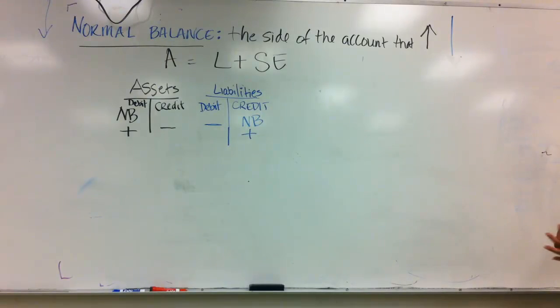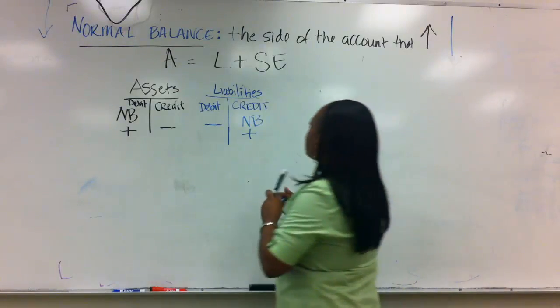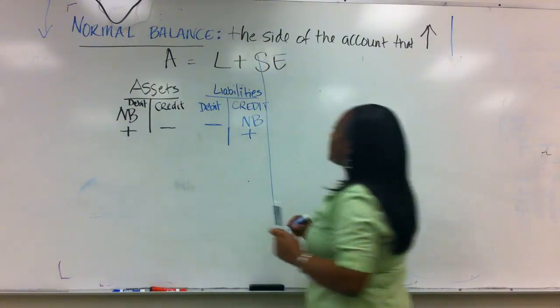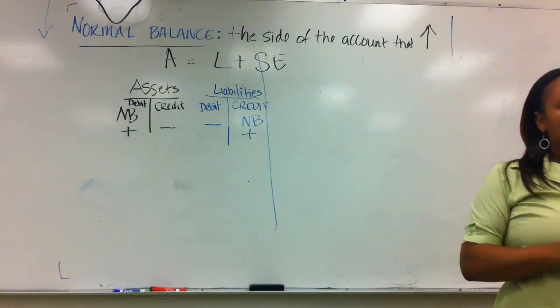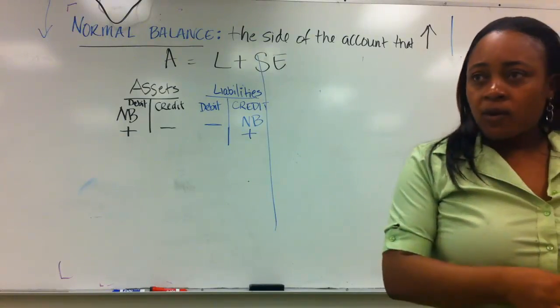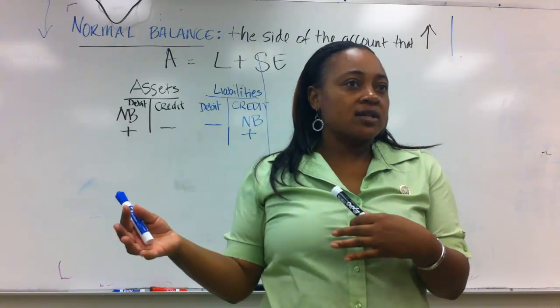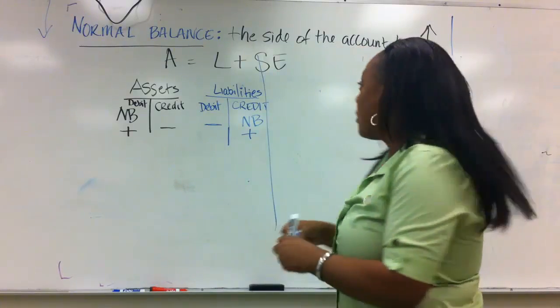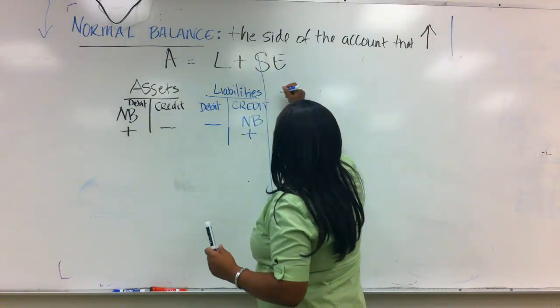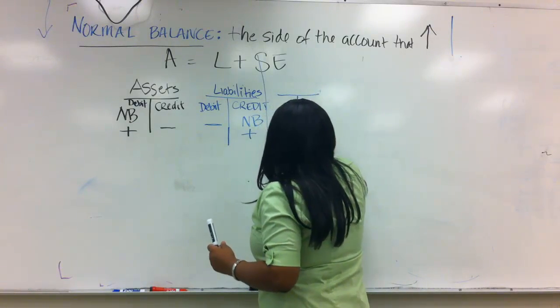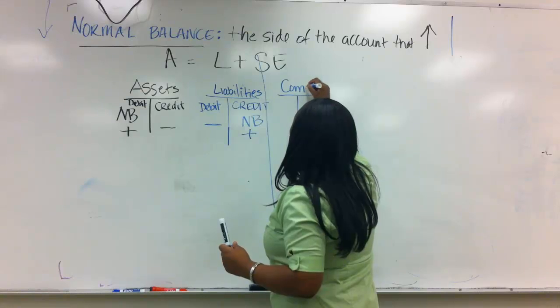Okay, then stockholders' equity. Now we talked about that. Stockholders' equity is comprised of two components: the paid-in capital portion and the piggy bank that I refer to as retained earnings. Okay, so with that, we have common stock.